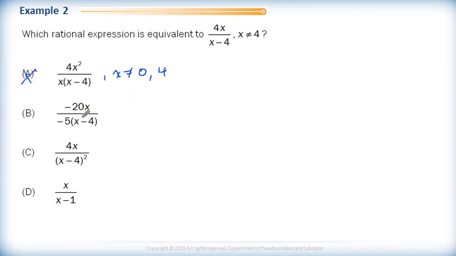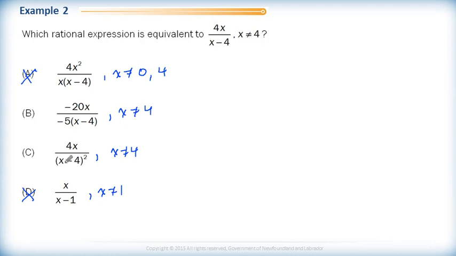This one here, x cannot be 4, so that's a possibility. This one here, x cannot be 4, so that's a possibility. And D, x cannot be 1, that's not a possibility. So it's either B or C.